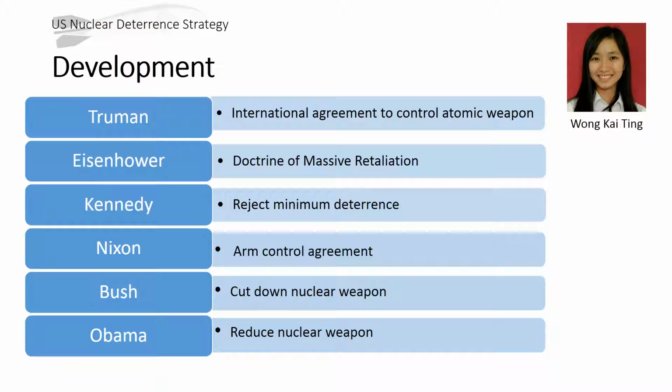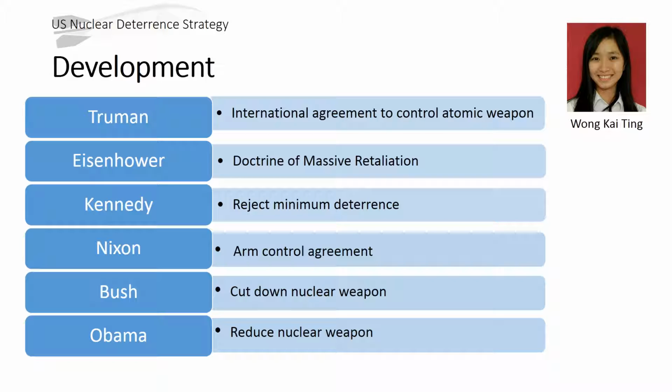Due to the limited capacity to counterattack the Soviet Union, during Kennedy's administration, Secretary of Defense McNamara rejected minimum deterrence and suggested employing more ballistic missiles to reduce the Soviet's power and minimize the damage to the United States. Mutually assured destruction was widely adopted by the United States to counter the Soviet Union.